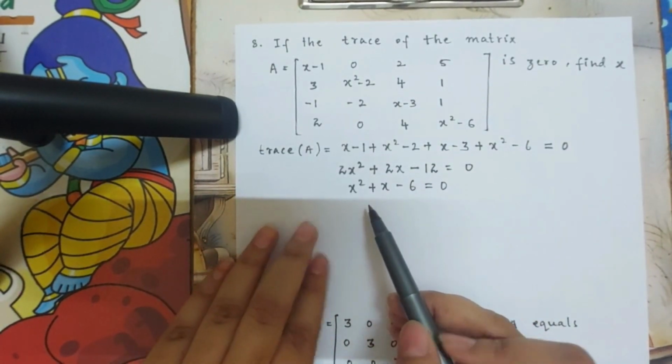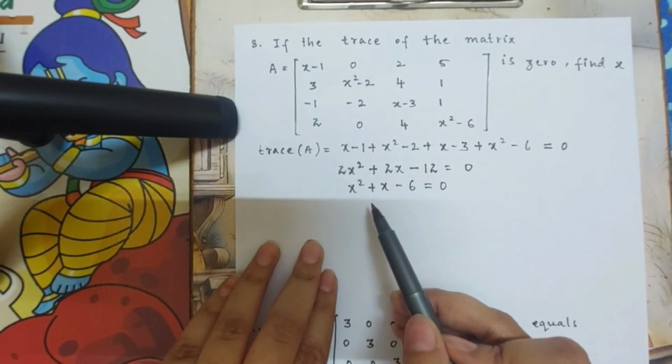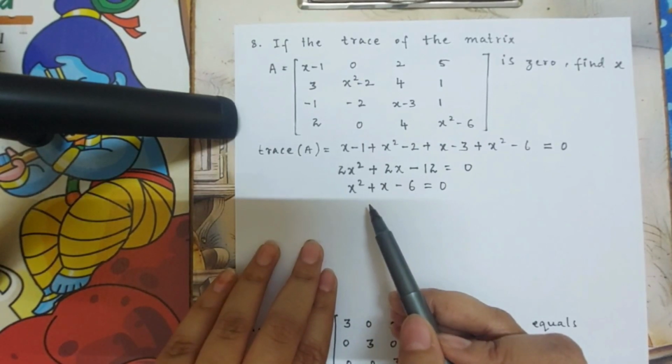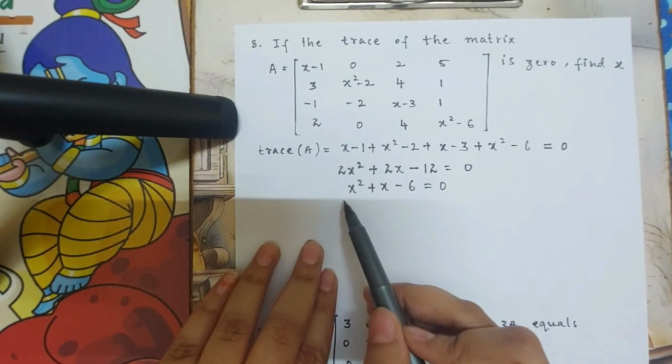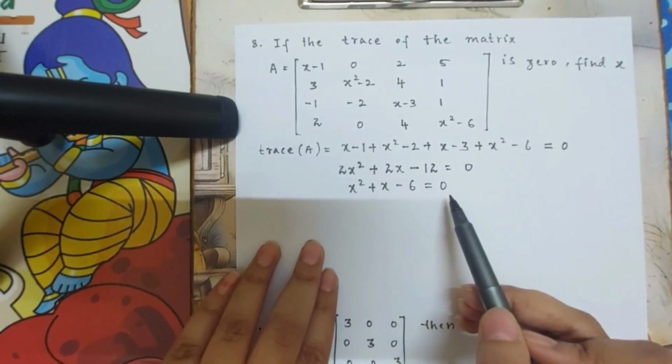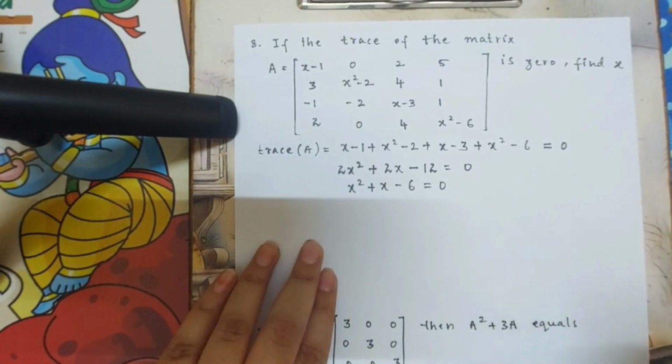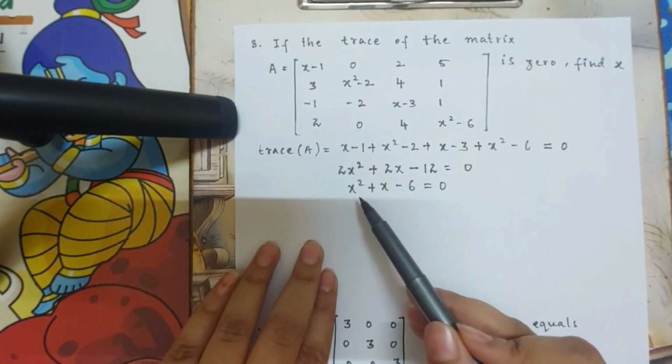Now this equation is in the form of a quadratic equation. So we can get the value of x by factorizing this equation. We can actually use many different methods for calculating the value of x here.